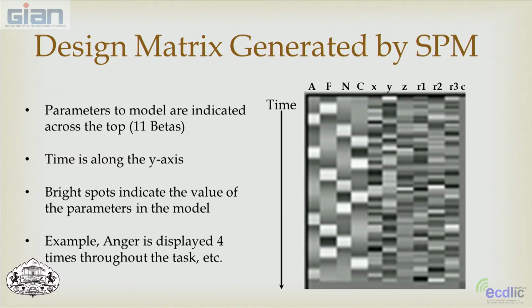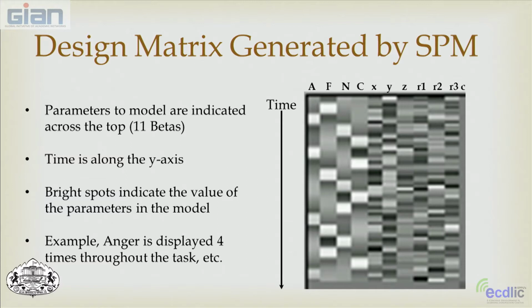And you can see the white spots show where these were turned on and where they were turned off. So again, each of these is shown 4 times throughout our task and for blocks of 19.5 seconds. So you can see anger is shown 4 times, fear is shown 4 times, neutral and control.